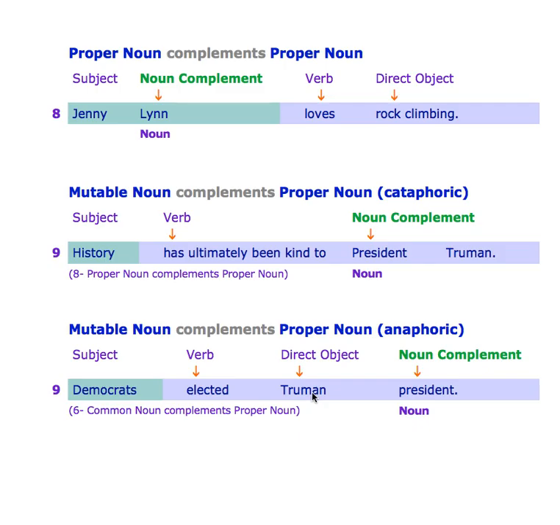Now, when you look at this and you remember my other videos and my other ways of classification, you can see that this application actually could be included in application number 8, proper noun complements proper noun, or you see that this application could be included in application number 6, common noun complements proper noun.